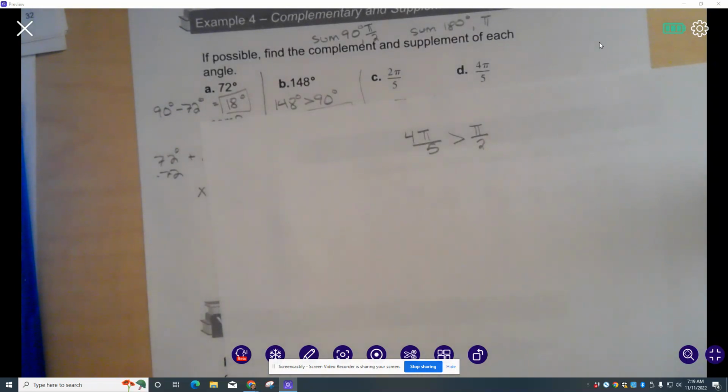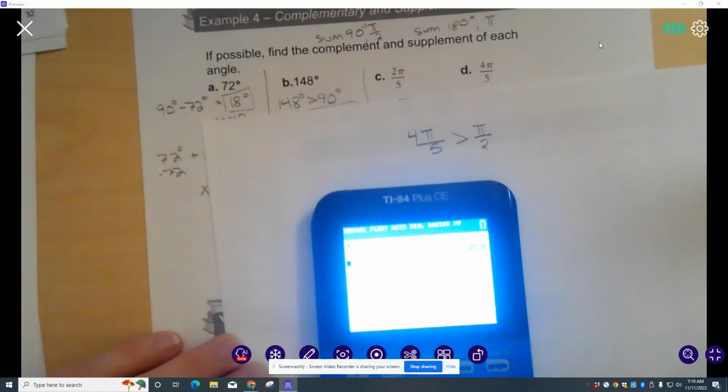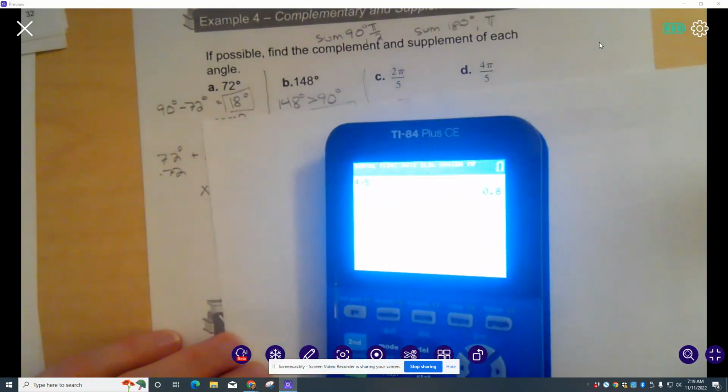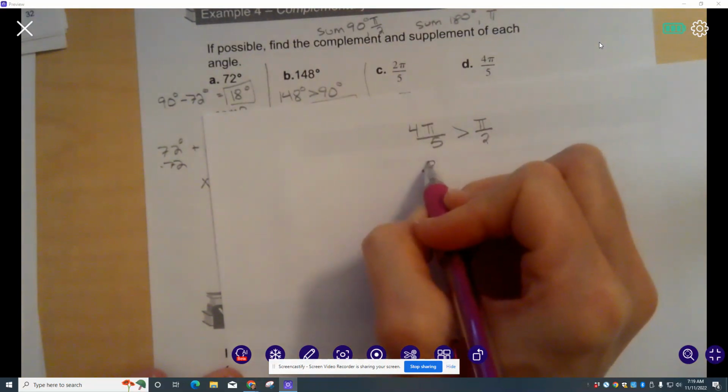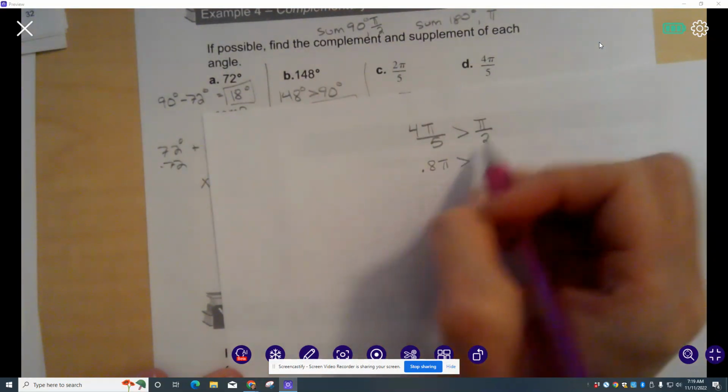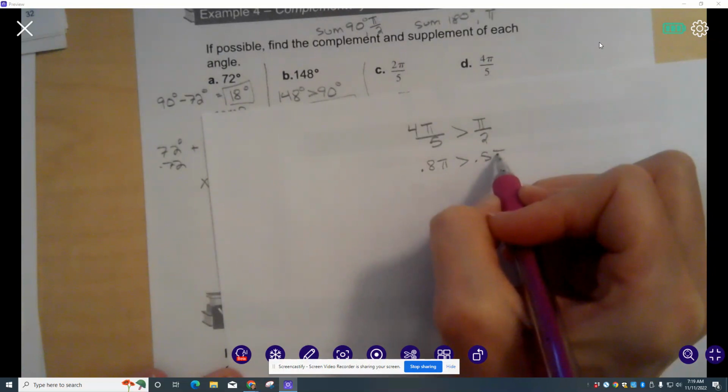You can think of pi over 2 as 1/2 pi, and then 4 over 5 is the same as 0.8 pi, and that's greater than 0.5 pi.